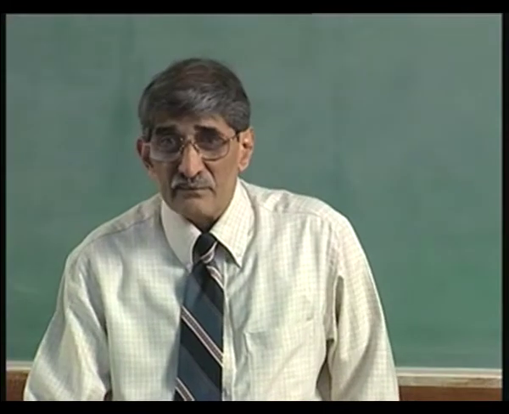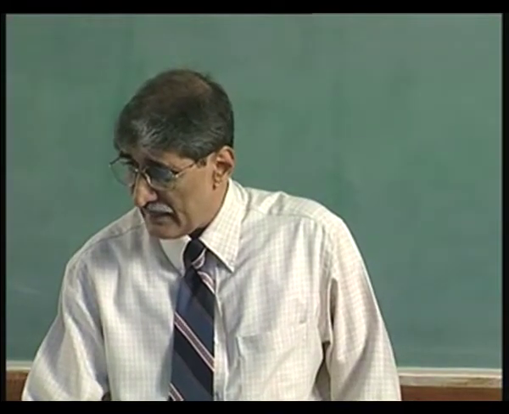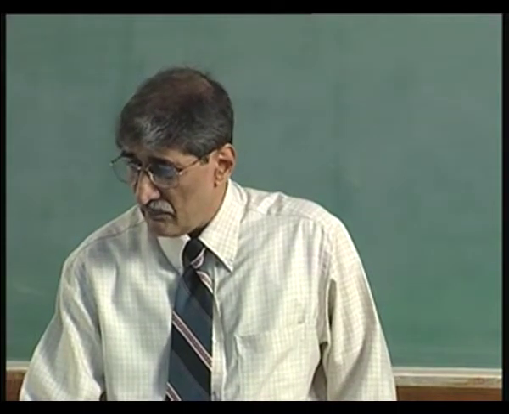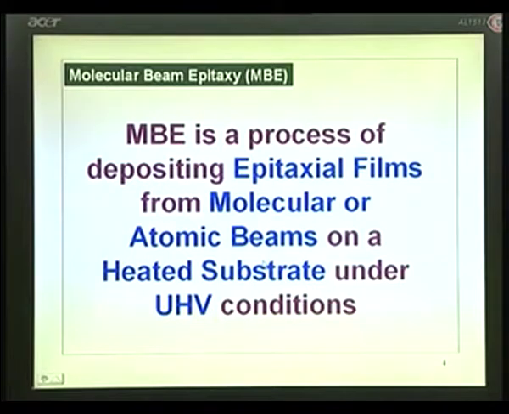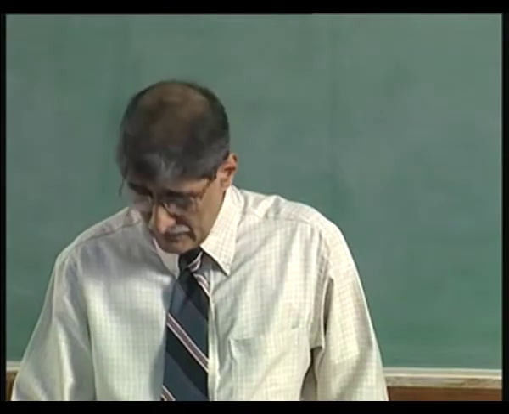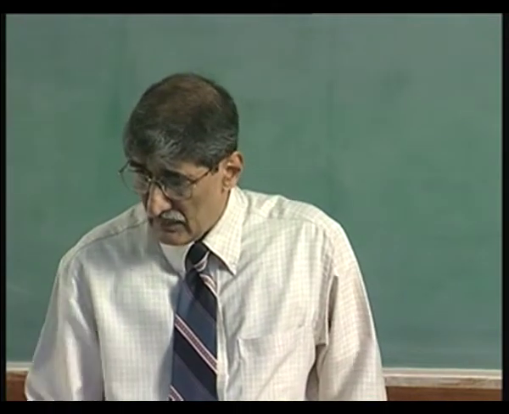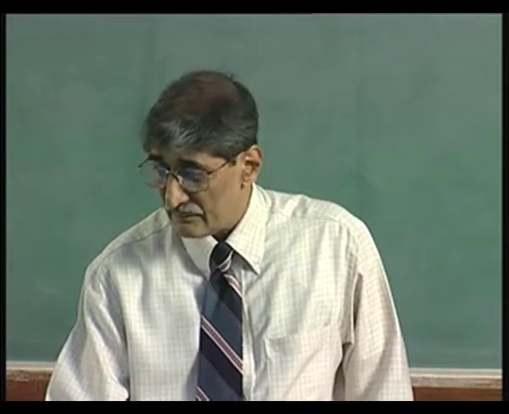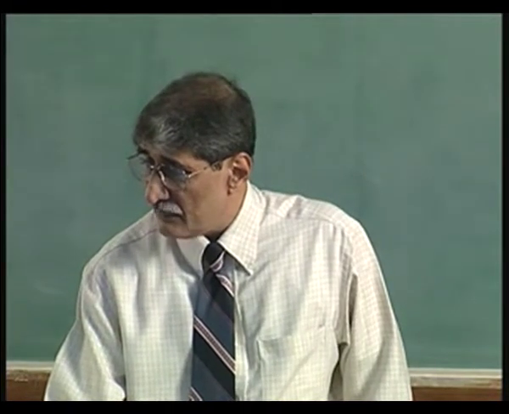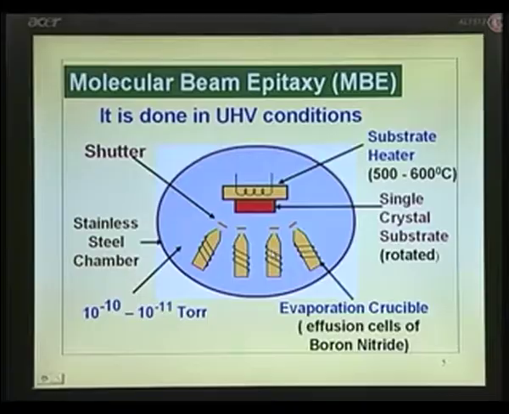MBE is a process of depositing epitaxial films from molecular or atomic beams on a heated substrate under ultra high vacuum conditions. So, all that you need is a source which will supply those elements. These are the evaporation crucibles, known as Knudsen cells, with shutters and a heated substrate.